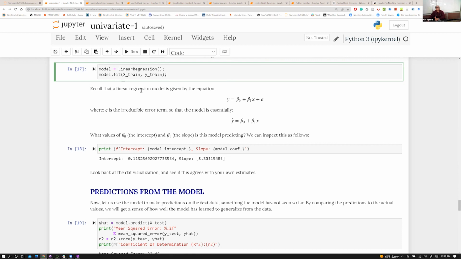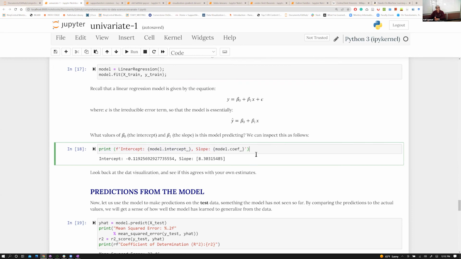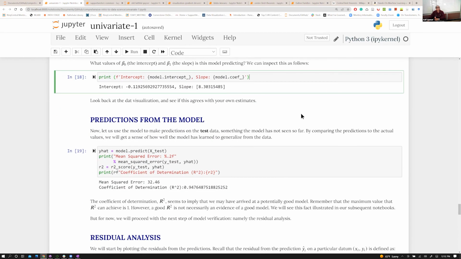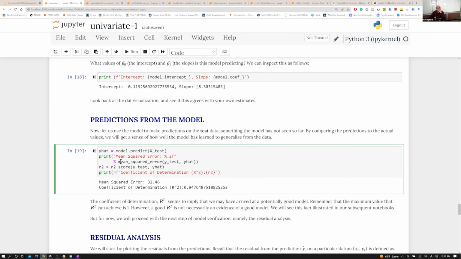So you see that in real life, one line of code, build your model, and then you can ask your model to tell you what did you learn. And you can use the model to make predictions. Remember I said predictions wear a hat, Y hat. Y hat is this.